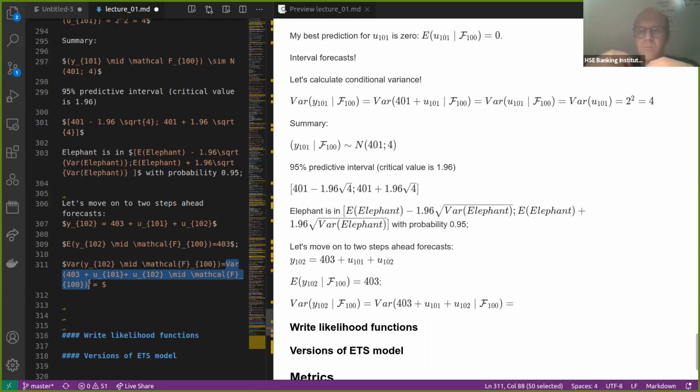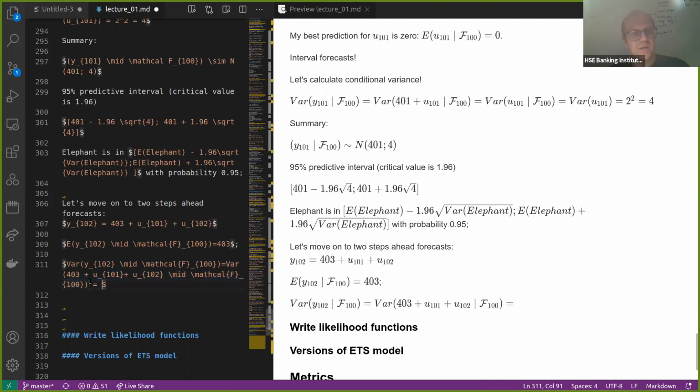I remove my information F100 because it's useless in predicting future U101 and U102, because U102 and U101 are the unpredictable part of my process.